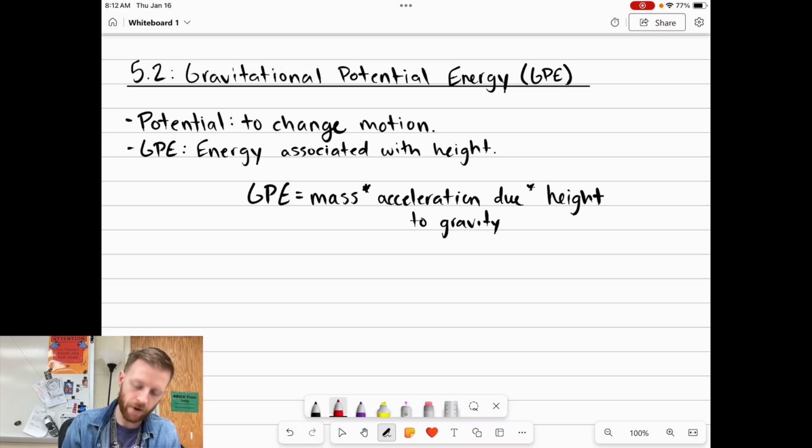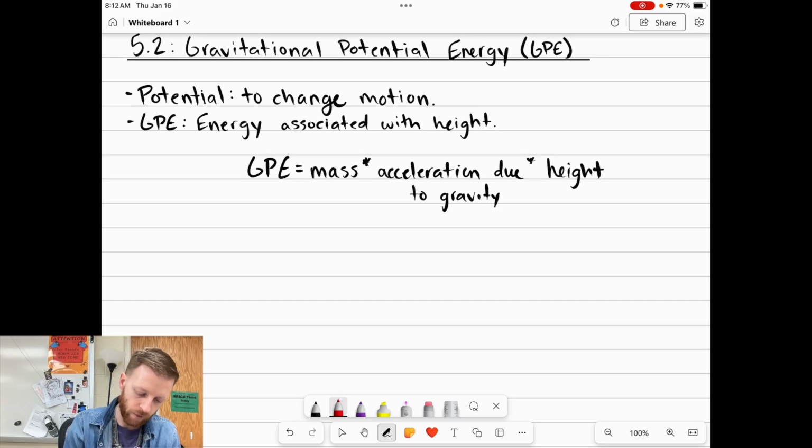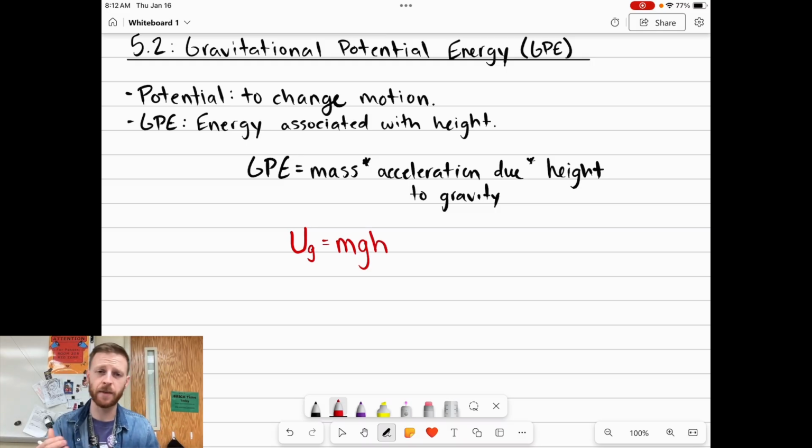So written out in variable form, which is what we usually see, we have U, which is the representation of potential, with a subscript G, so we know it's gravitational potential energy. So U_G equals the mass of an object, m, times g, times h. And you can see above, we have those corresponding variables.